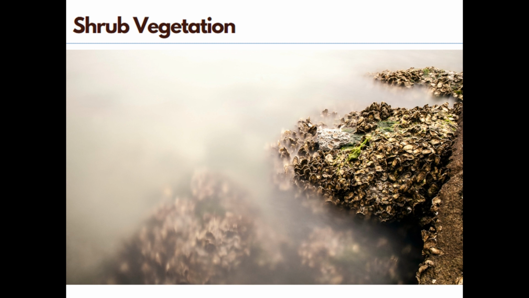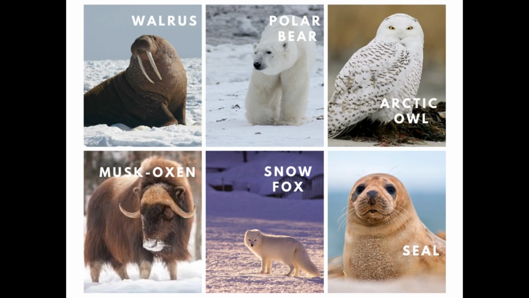We can see small shrubs, mosses, and lichens here, and these are called tundra type of vegetation. This vegetation is found in polar regions of Europe, Asia, and North America. The animals in the polar region have thick fur and skin, and they protect them from the cold climate. Some common animals seen here are seal, walrus, musk oxen, Arctic owl, polar bear, and snow fox.